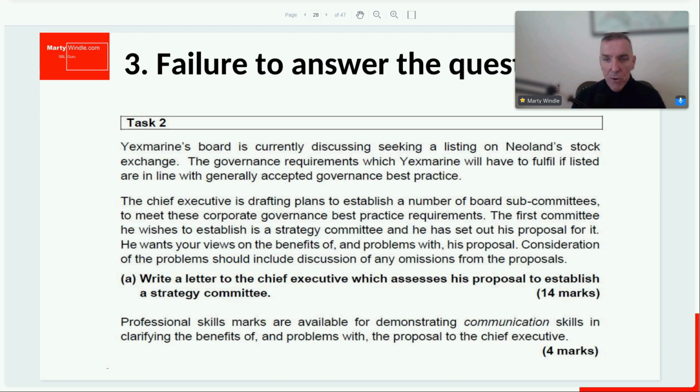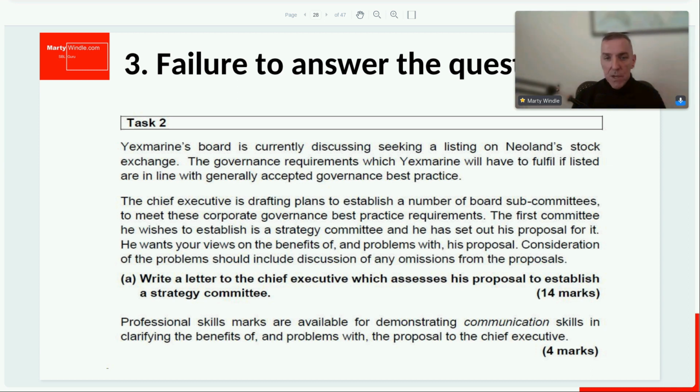There may be something relevant in the preamble for you. So the second paragraph: the first committee is to establish a strategy committee to set up proposals. He wants you to review the benefits and problems of his proposal, including any omissions. So really you've got there an extra requirement which was not really specified in the benefits and problems.